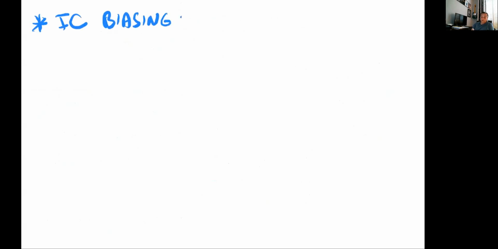And we already said that we are not going to use resistors. We're going to use current sources. So we're going to look at current sources, and in that context, also current mirrors.